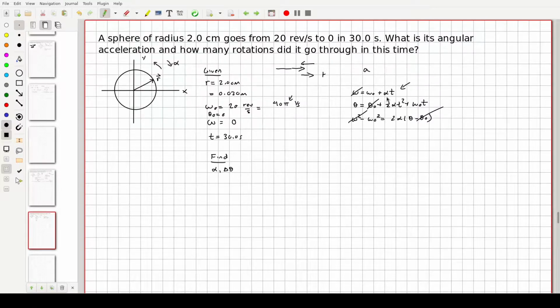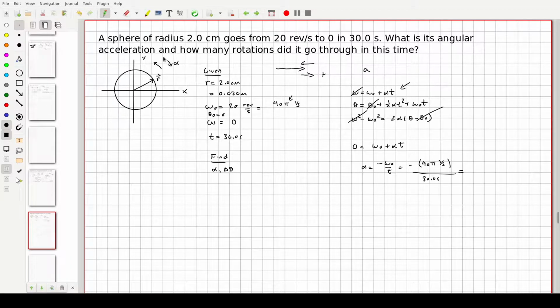All right. So here, 0 is equal to omega naught plus alpha times t. So if I solve for alpha, it's equal to minus omega naught over t. Omega naught is 40 pi radians per second, and t is 30 seconds. So you can see here you got a negative sign out in front.